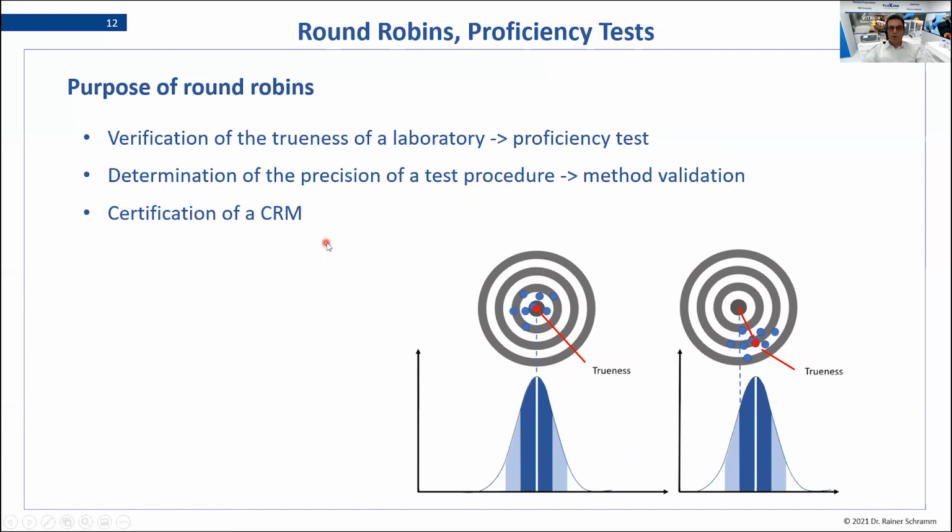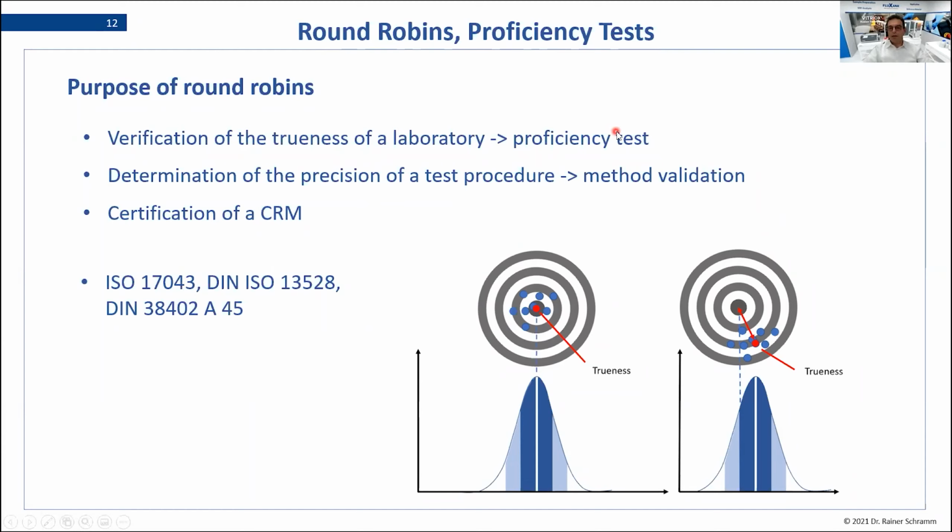Another possibility would be to use a round-robin study to establish a certified reference material. The reference for the standard where this is described is ISO 17043. This is how a round robin has to be organized and what the conditions for it are.